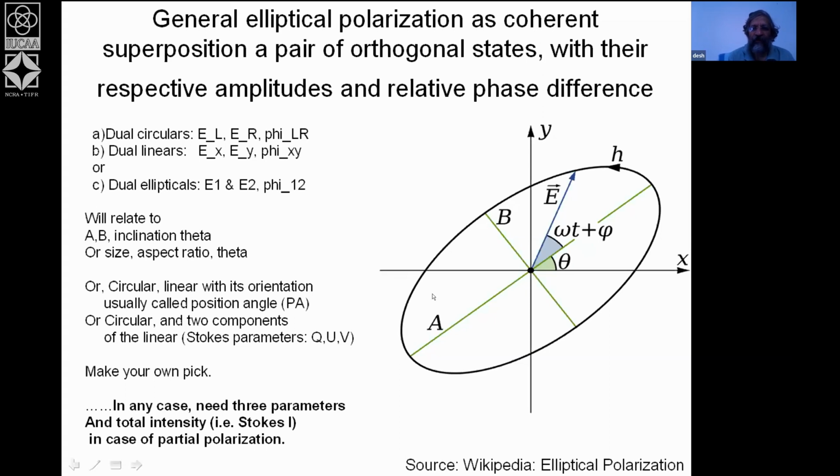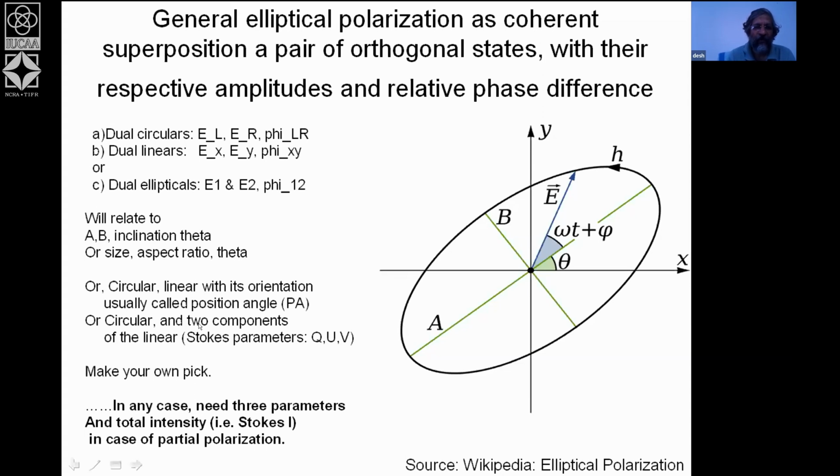Orientation will be the position angle, or instead of magnitude of the linear and position angle, you might want to express that as two components of the linear. So the circular and two linear components. In any case, the main point I'm driving home is we will require a minimum of three numbers to define the full state of polarization. So we need at least three measurements, right?